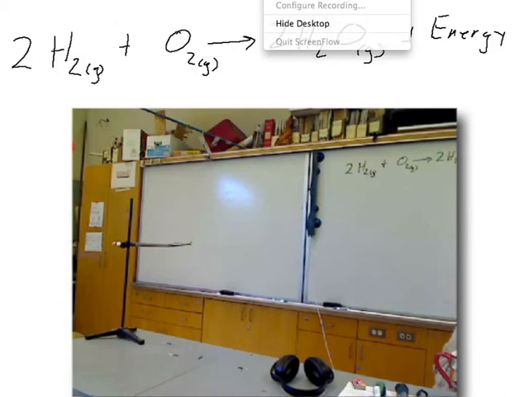I think we have some of those. So, this balloon has roughly a 2-to-1 mixture, 2 parts hydrogen to 1 part oxygen. What we call a stoichiometric mixture.